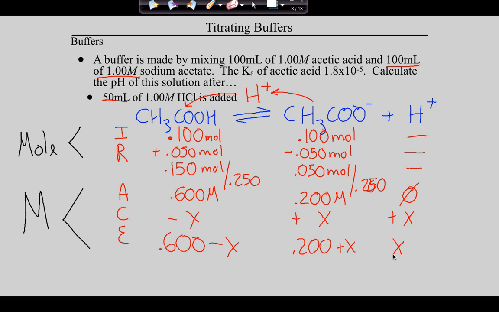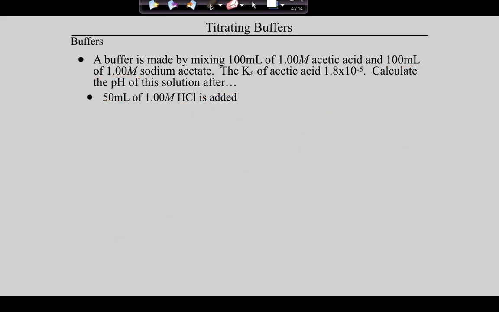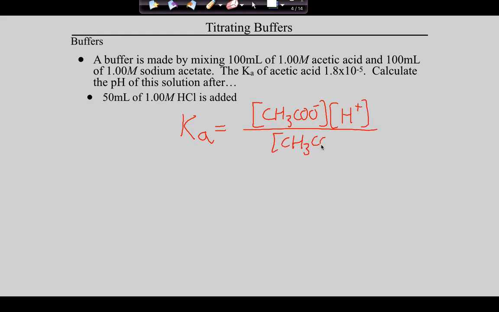Guys, we have now established our factors, if you will, that will populate eventually our Ka expression. So guys, at this point, we need to write a Ka expression. So as we solve this, we go Ka is equal to this. Then guys, we need the Ka. We're solving for pH, right?